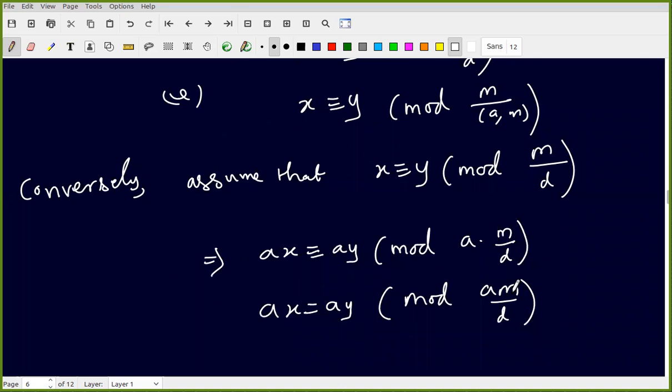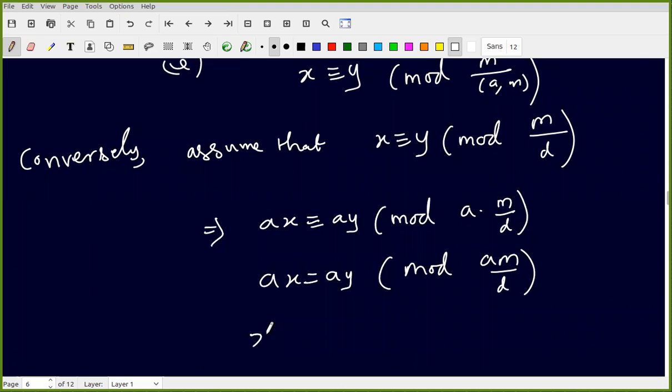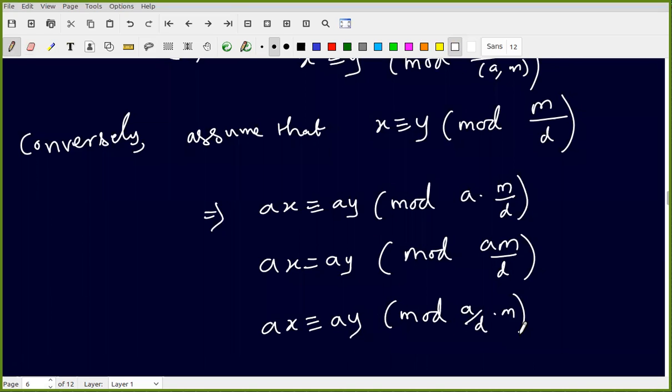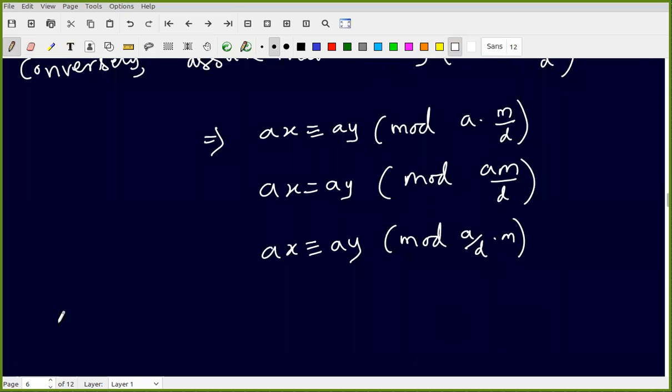D is a common divisor of A and M; D divides both A and M. So further, AX is congruent to AY modulo A by D times M. Here M divides A by D times M, so the modulus value can be replaced by its positive divisor.